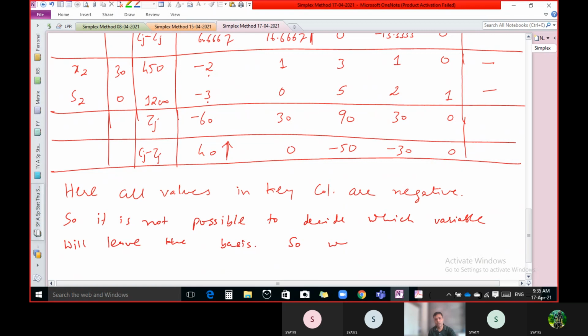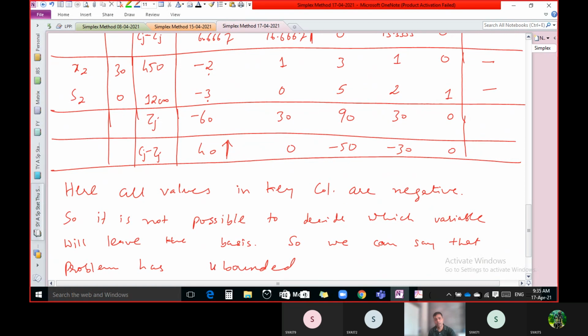So we can say that the problem has unbounded solution. Problem is unbounded solution. So that is the final answer of the question. Problem is unbounded solution. So that is the way to solve the question by using the simplex method.